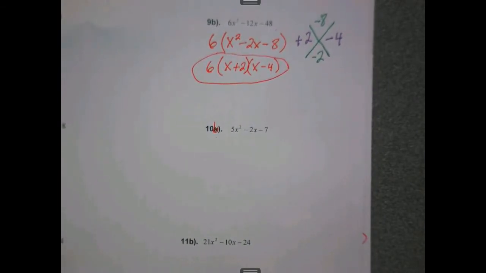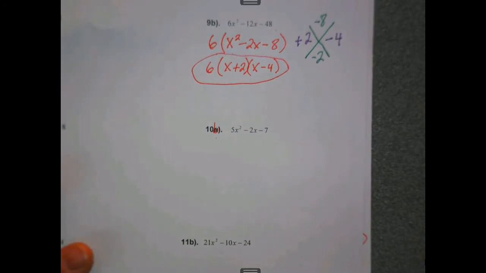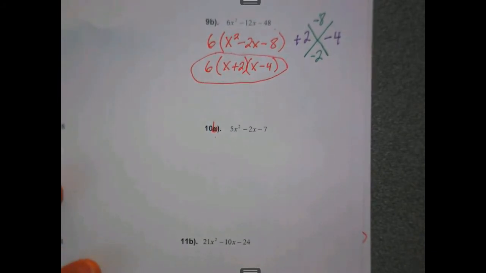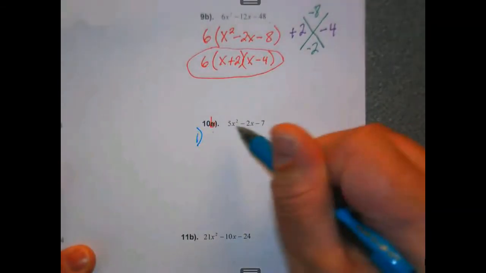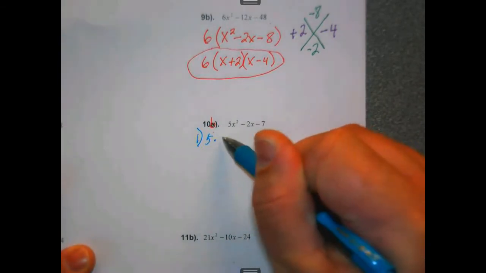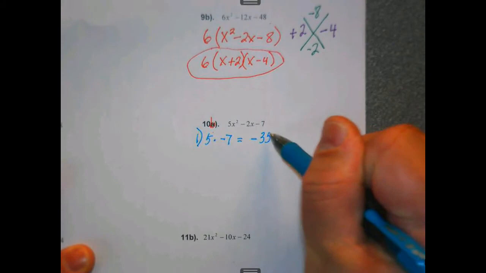Trinomial? Anything I can take out? Nope. My A is fine, so which one do I have to use? Divide and divide, right? A times C. 5 times negative 7, negative 35.